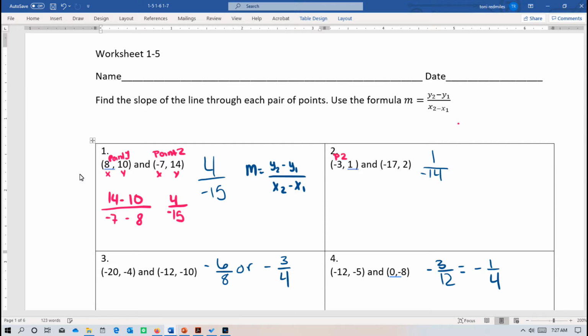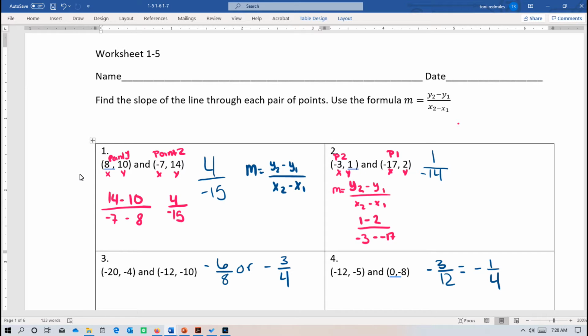All right, this one, I'm going to go ahead and reverse. I'm going to call this point 2 and this point 1 just to show you that I'm going to get the same answer. All right, so I'm going to fill everything into my equation. All right, y point 2 is 1, y point 1 is 2, x point 2 is -3, x point 1 is -17.